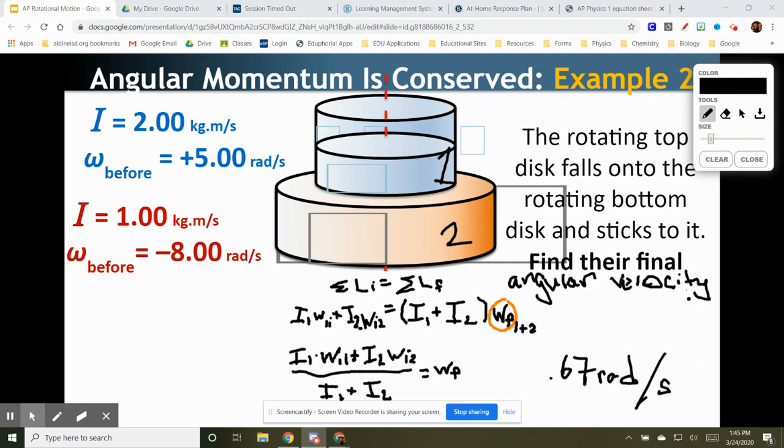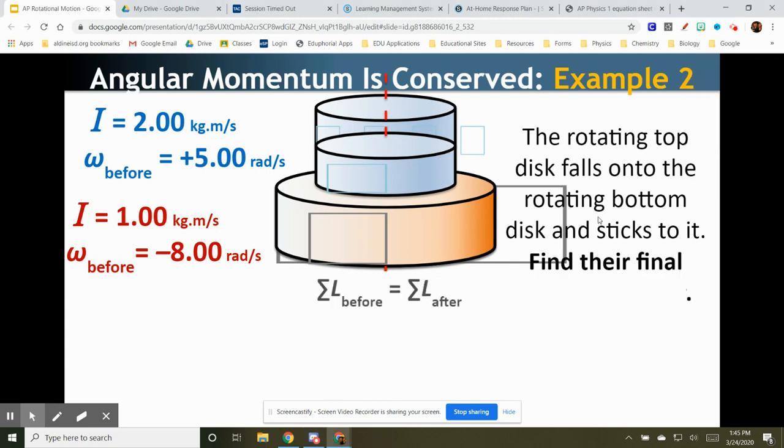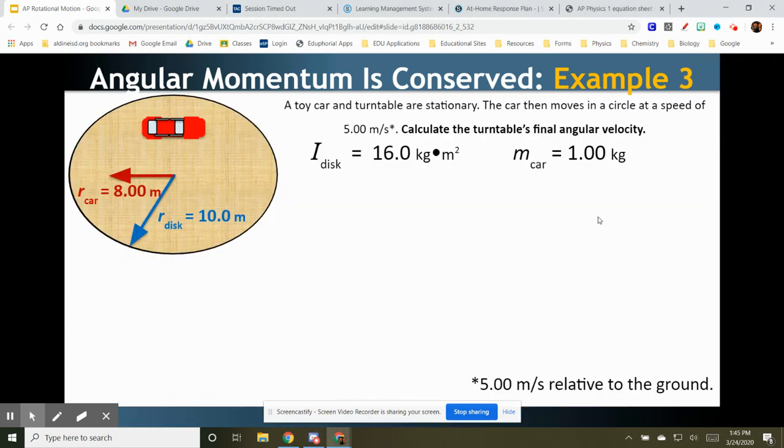Okay, I think we need a harder one. What do you guys think? Something harder? Okay, let's try this one.